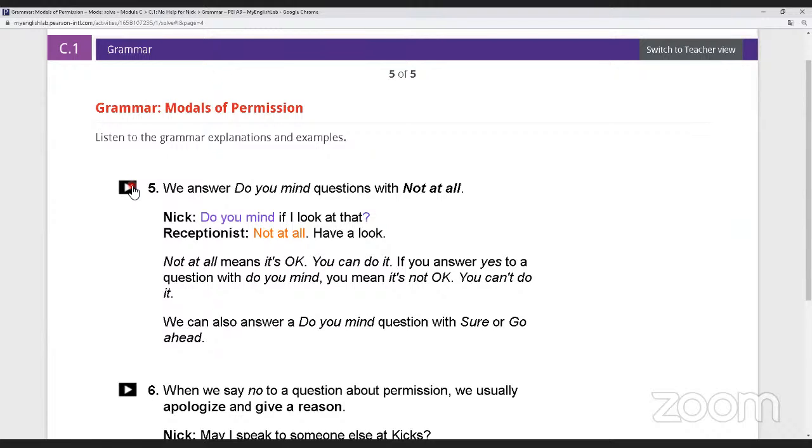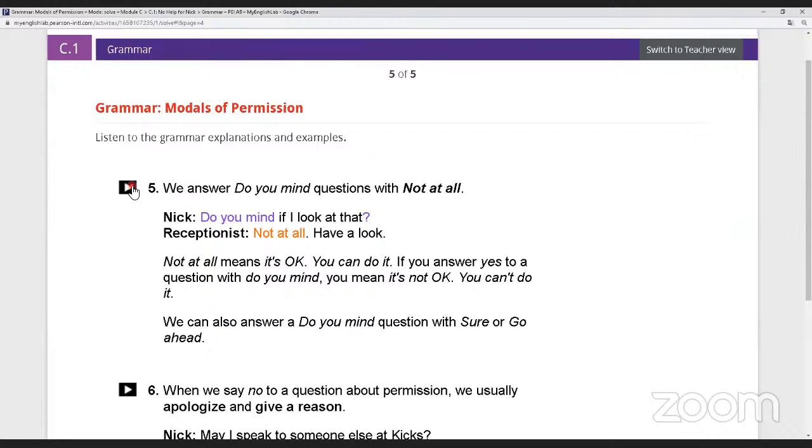Someone asks if they can sit at your table and you think it is not a problem, so you are okay if they sit at the same table. How could you answer? The question could be, do you mind if I sit here? The answer could be, no, I don't mind, or please have a seat.